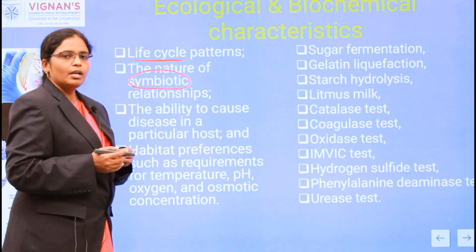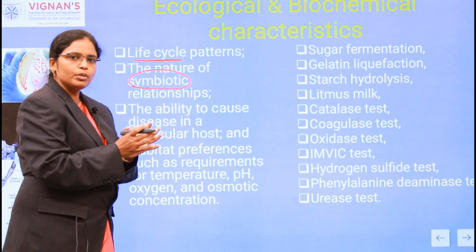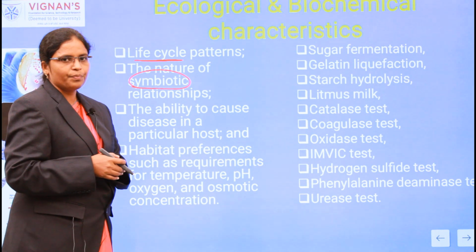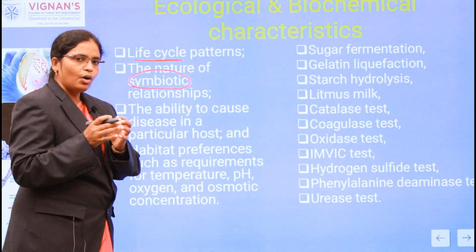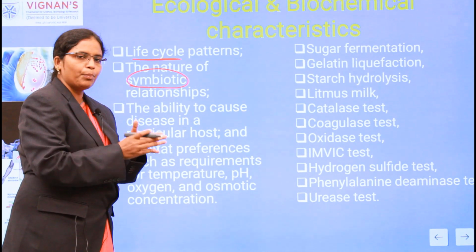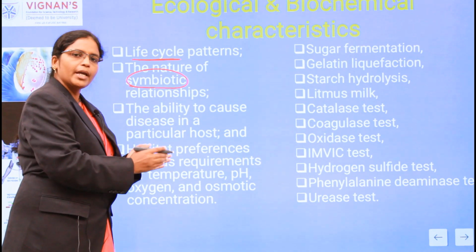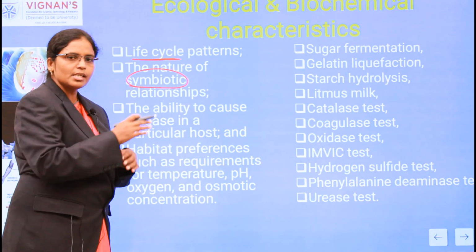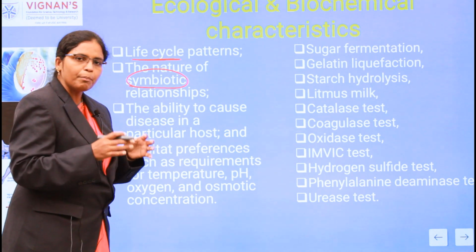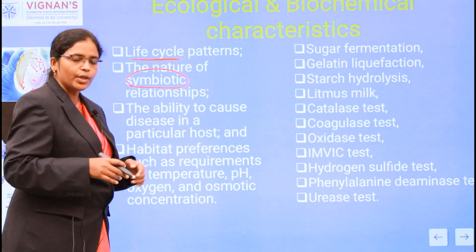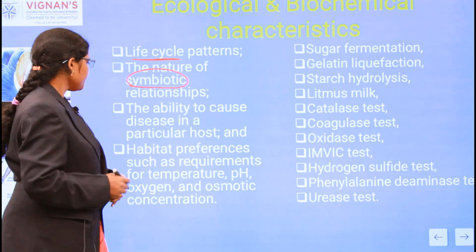That means they produce some compounds. Those compounds are utilized by the host cells. And some host cells, they produce some proteins or compounds. Those are taken up by the microorganism. Like this, the symbiotic relationship will be maintained for an organism in their surrounding environment.